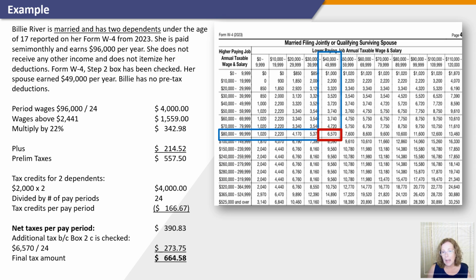We do that by pulling up page 4 of Form W-4 and finding the intersection between the highest paying job of the spouses in the row section and the lowest paying job of the spouses in the column section. In our example, that is $6,570 per year. We divide that amount by 24 for $273.75 and add it to the net tax amount of $390.83 for the final tax amount of $664.58.